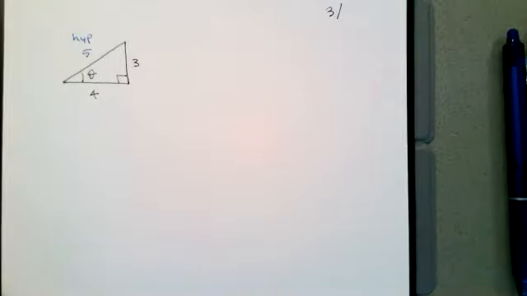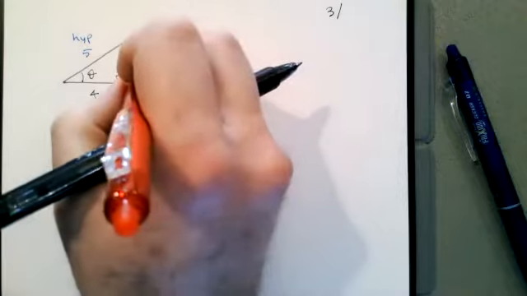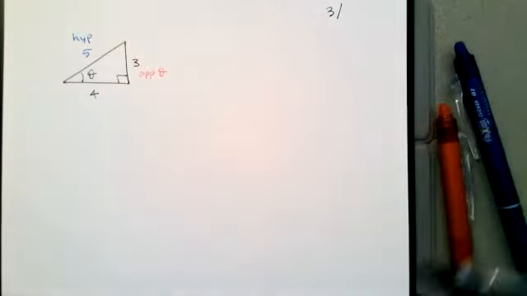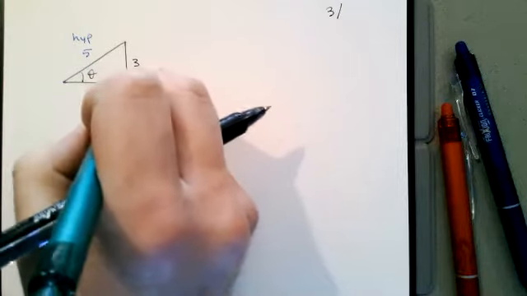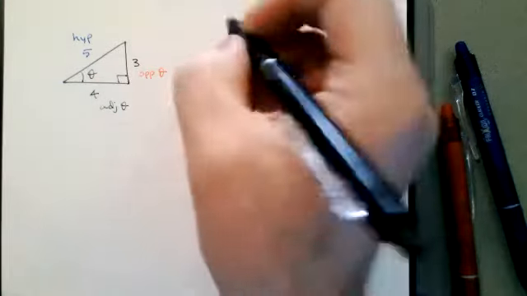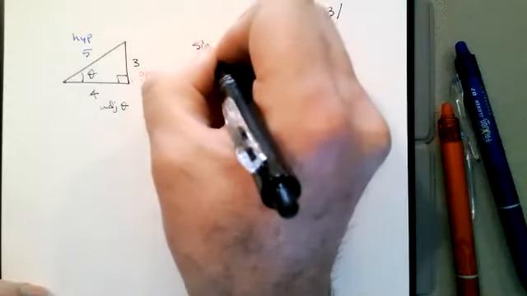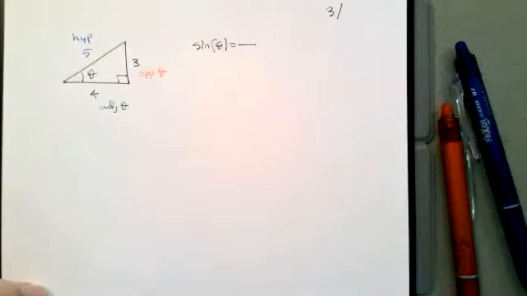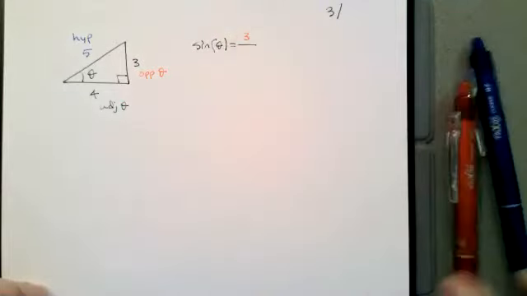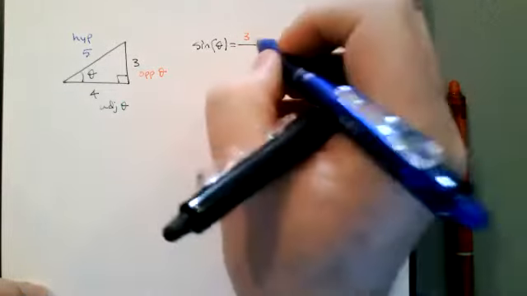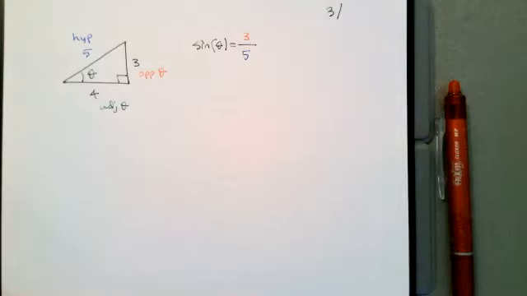So now that we have the 3 sides, 3, 4, and a hypotenuse of 5, we can write down the sine of theta. So the 3 is opposite to theta. The 4 is adjacent to theta. So I can write down sine of theta is opposite over hypotenuse. Sine is opposite over hypotenuse. So now we know that the sine of theta is 3/5.